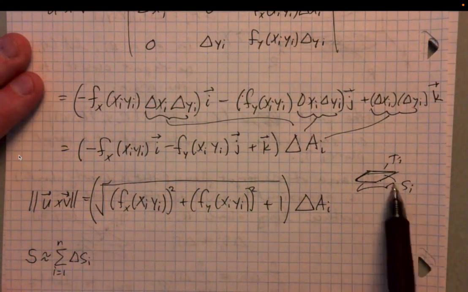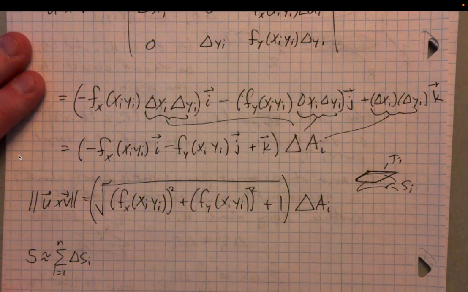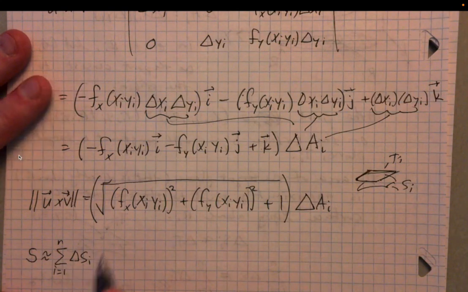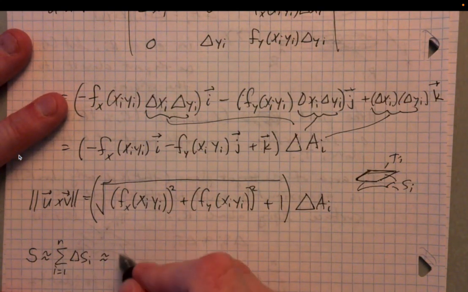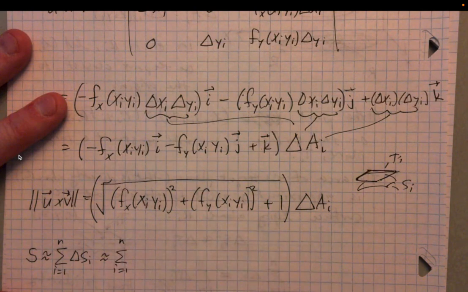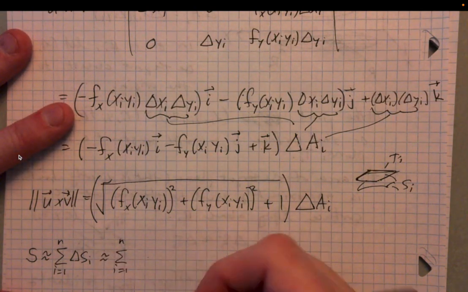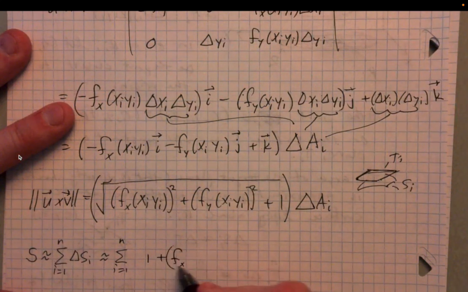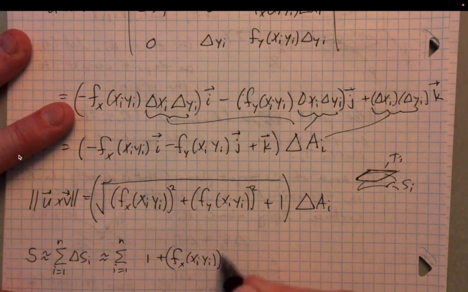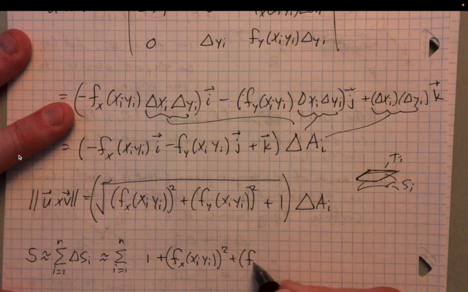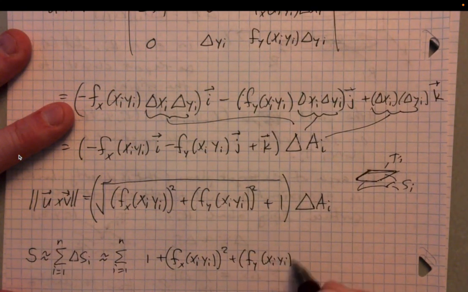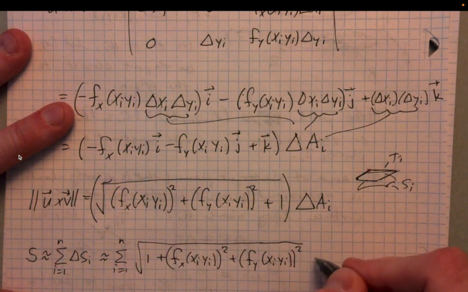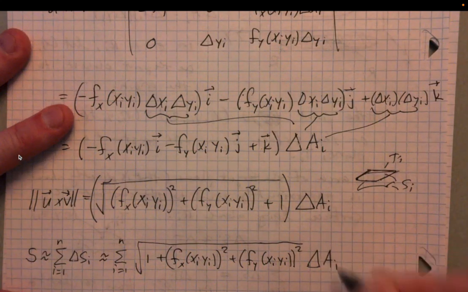And so we find an approximation for each of the Si's, add them all up, and that's an approximation for the total surface area. Okay, and so delta Si can be approximated by this thing. Let's rewrite that. I'm going to put the 1 up front: 1 plus f sub x at (xi, yi) squared plus f sub y at (xi, yi) squared. Take the square root of that whole thing and then multiply it times each of the individual areas.